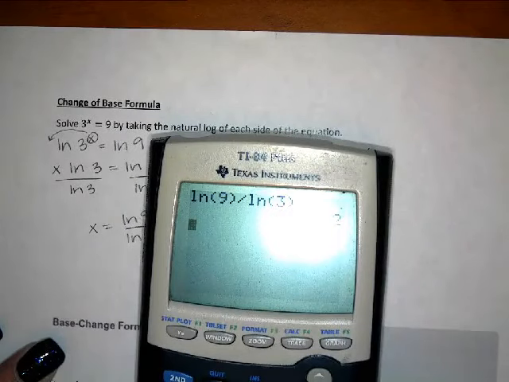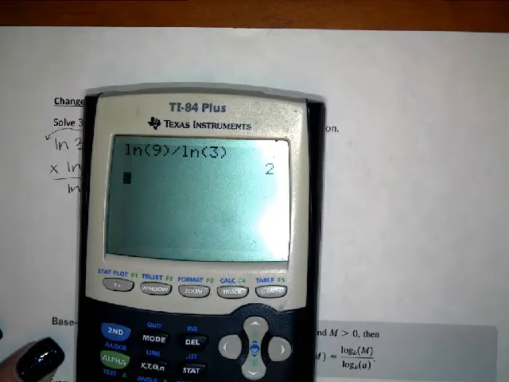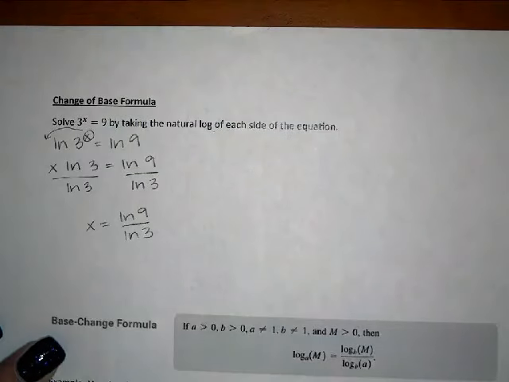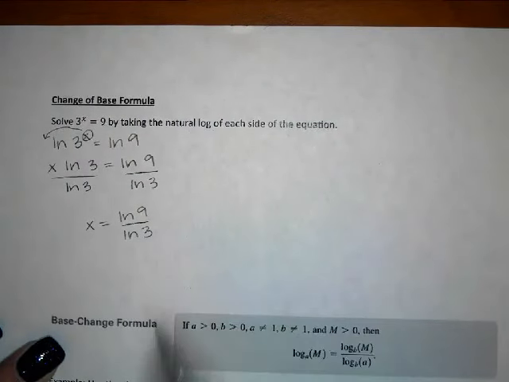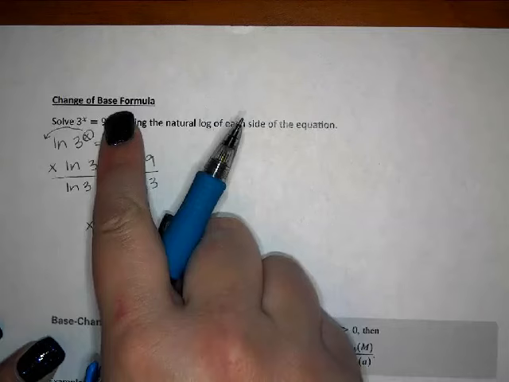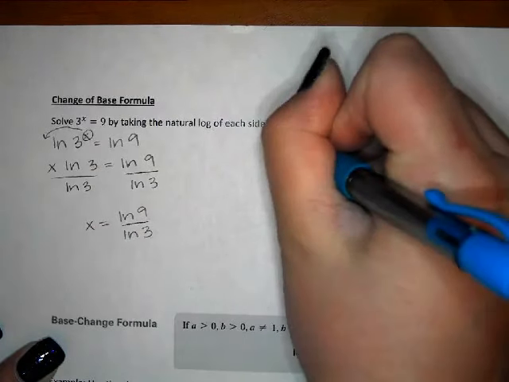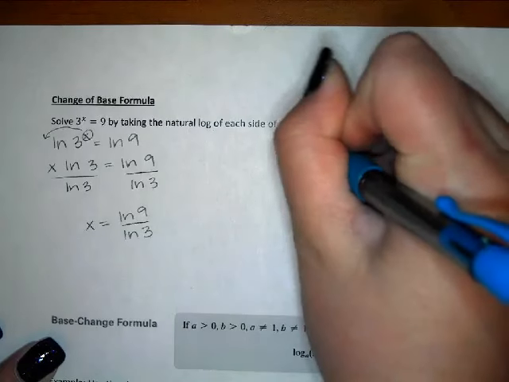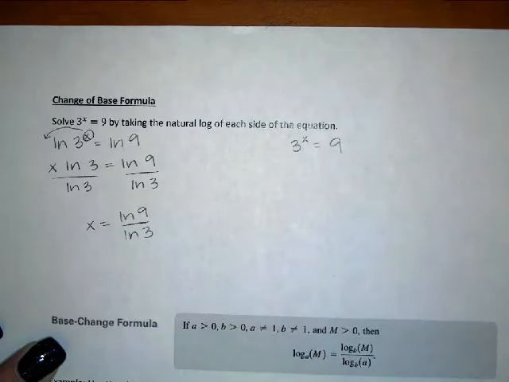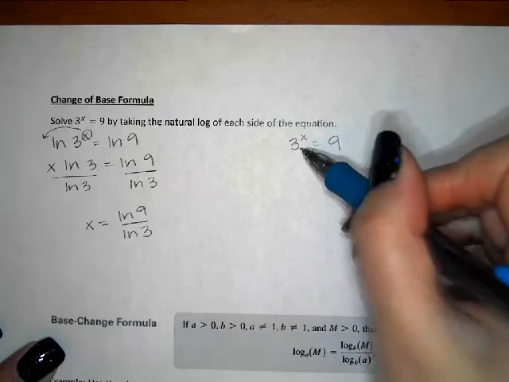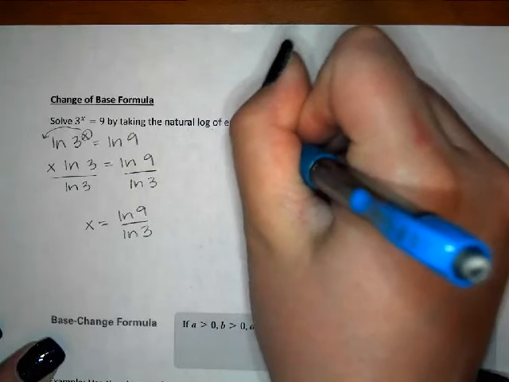I would never do this problem this way because I would do exactly what you probably did and say, well, 9 is 3 squared, so there's my answer. But I'm using this problem to demonstrate the change of base formula. So I'm going to show you this exact same problem but solved a different way. If we have 3 to the x equals 9, and we wanted to solve it using logarithms, then we could undo the base of 3 by doing log base 3 on each side.